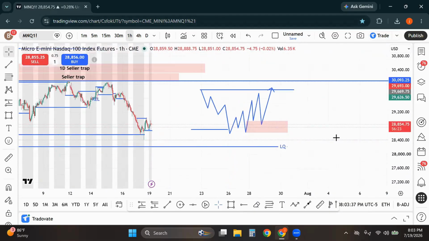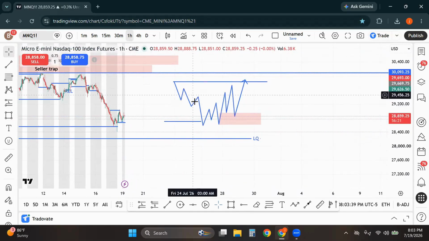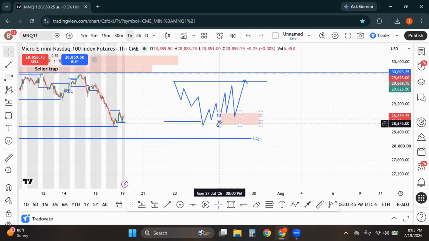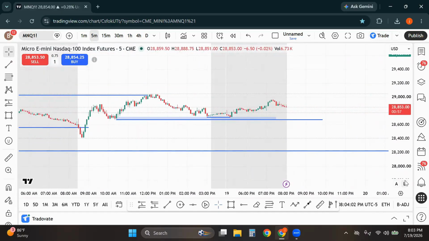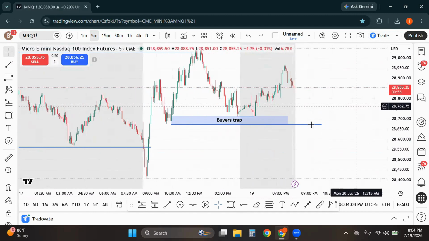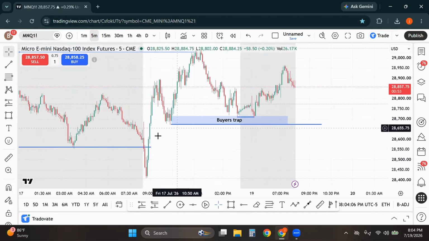So if we recap, we want to see price sell off in this situation. We want to see us put in a liquidity block, build some liquidity, trap that buyer situation to continue up. And it starts to become really easily visible once you start to see it.